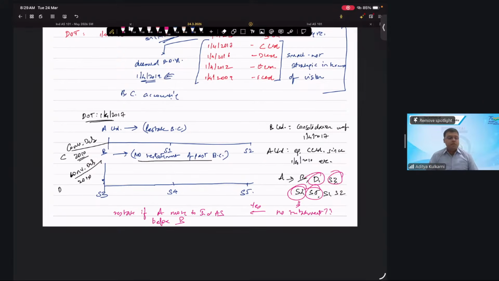That means, in other words, B has transitioned to Ind AS and after that A has acquired B. Are you able to follow? Yes, sir. B has moved to Ind AS and after moving to Ind AS, A has acquired B. Now tell me, B has adopted the policy of restatement on the date of transition. No past business combination restatement. Are you able to understand?